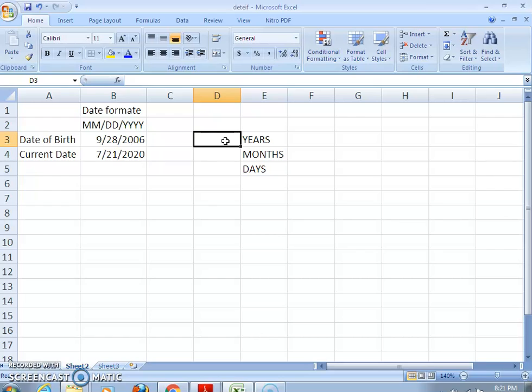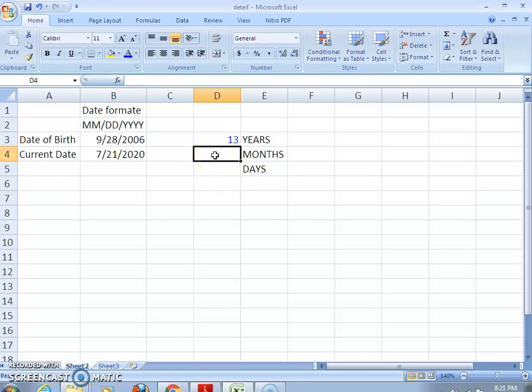Use equal to, then DATEDIF, then write the date of birth and the current date, and then use the y parameter. Y calculates the number of years between these two dates. See over here, 13 years passed between these two dates.